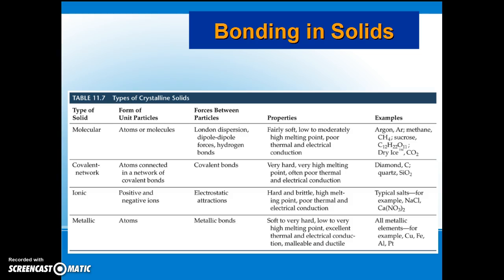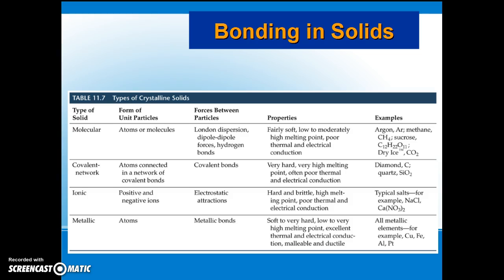The forces between the particles, which may be atoms, ions, or molecules. The molecular forces are London dispersion forces, dipole-dipole forces, and hydrogen bonds. In the covalent network, we'll see a large network of covalent bonds.